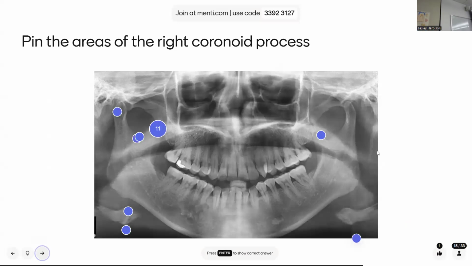Pin the area of the right coronoid process. Good.